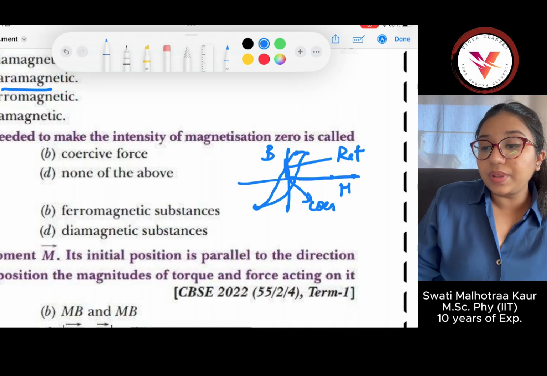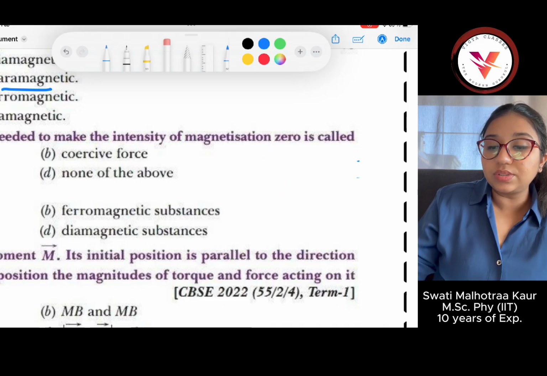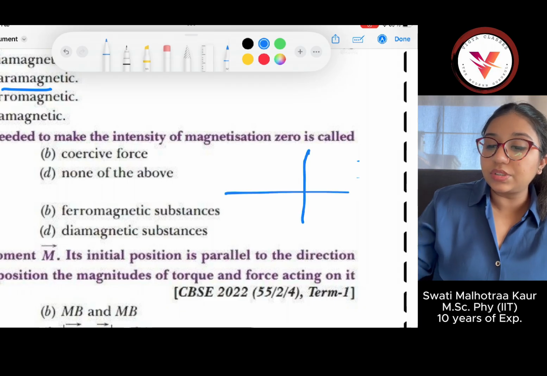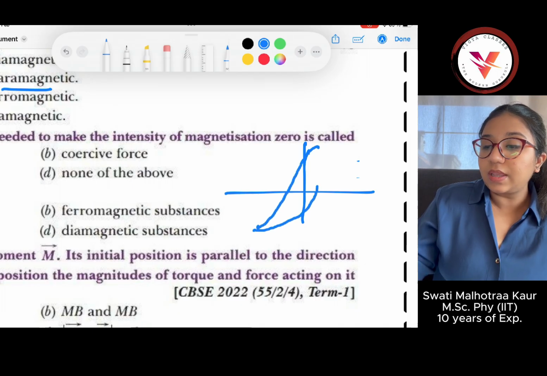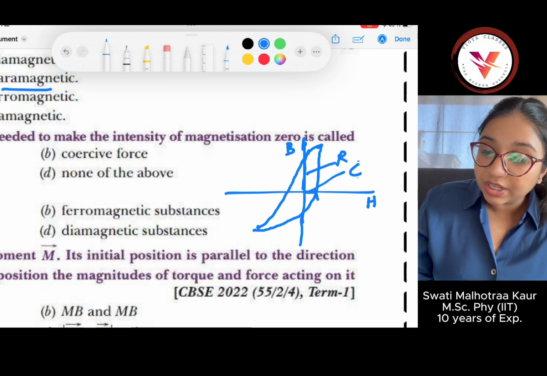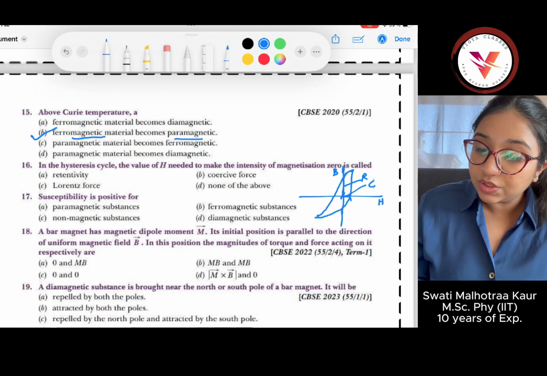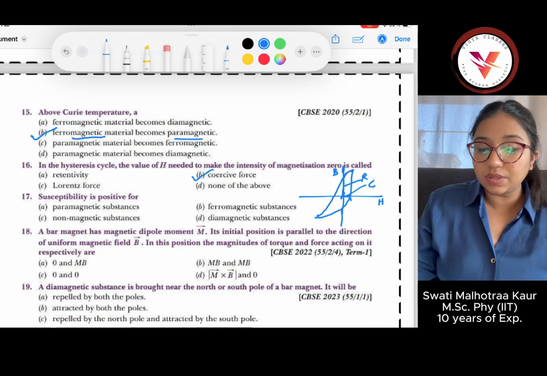So if you want to make H 0, then basically the coercive force should be 0. On this axis it is H, on this is B. This particular line is for retentivity and this particular line is for coercivity. If you want to make H to be 0, which force would be the coercive force?